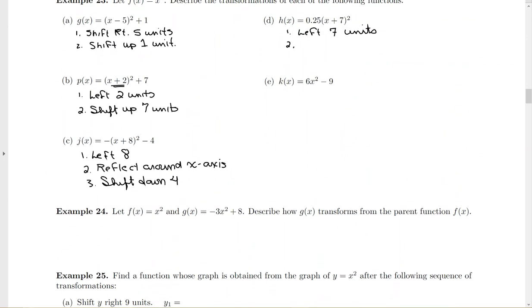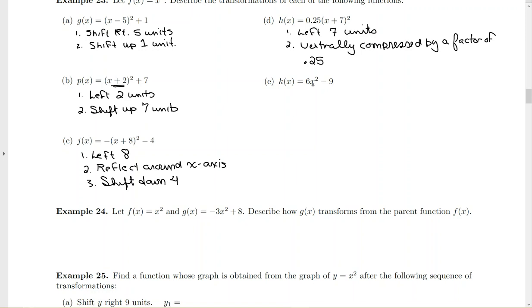Vertically compressed by a factor of 0.25. Notice this one, there's no adding or subtracting outside the function, so we're not shifting up or down.